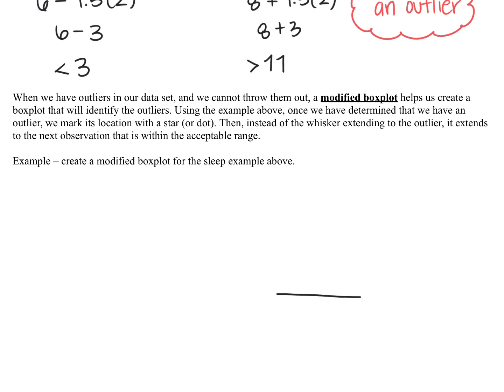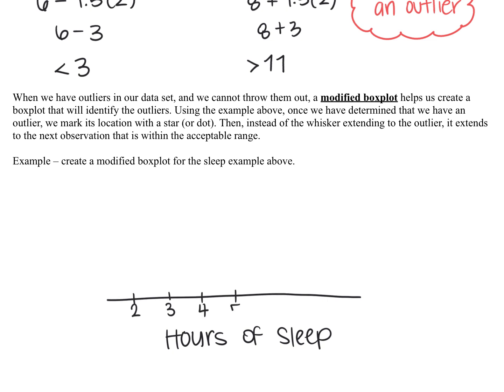You're going to have your x-axis and your label, hours of sleep. My scale is going to be the same, 2, 3, 4, 5, 6, 7, 8, 9.